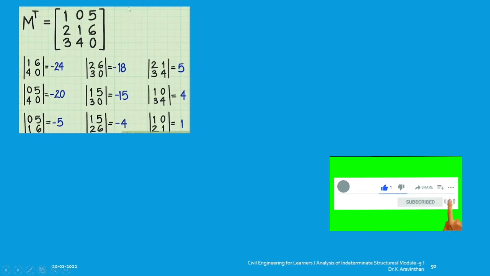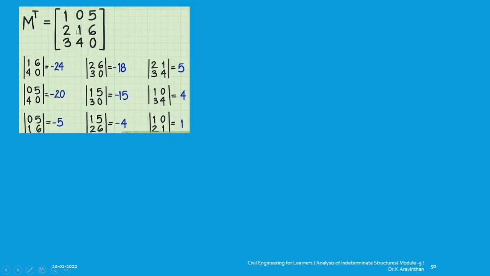Okay, now you have to find M transpose. So you had M transpose. What you have to do is find each and every square form of this matrix. So first take these four components, that is 1, 6, 4, 0, and then take 2, 6, 3, 0 and the next component, 2, 1, 3, 4. Next, this second row and this column will get cancelled. You will be getting 1, 5, 3, 0. So if you are taking the second row, this row and this column will get vanished, you will be getting 0, 5, 4, 0.